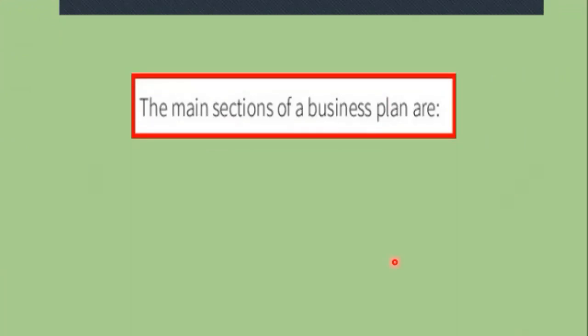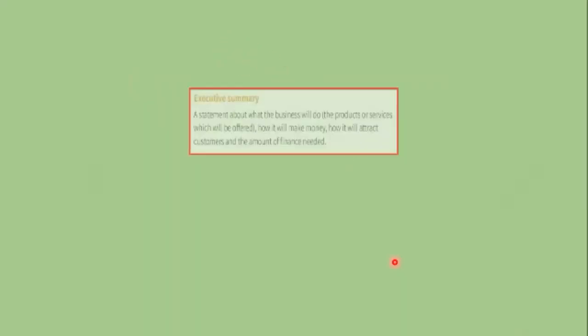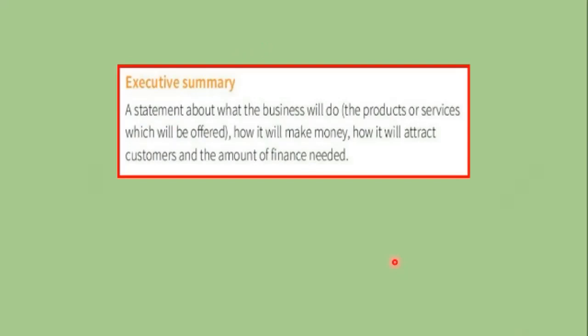The main sections of a business plan, and these are the parts that you should memorize the headings for. And after you do that, it's easy to fill out the details in making up a business plan. The executive summary.